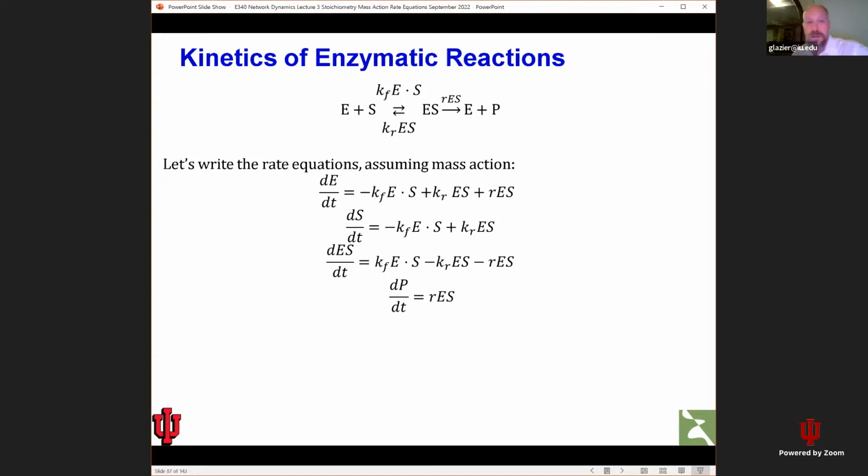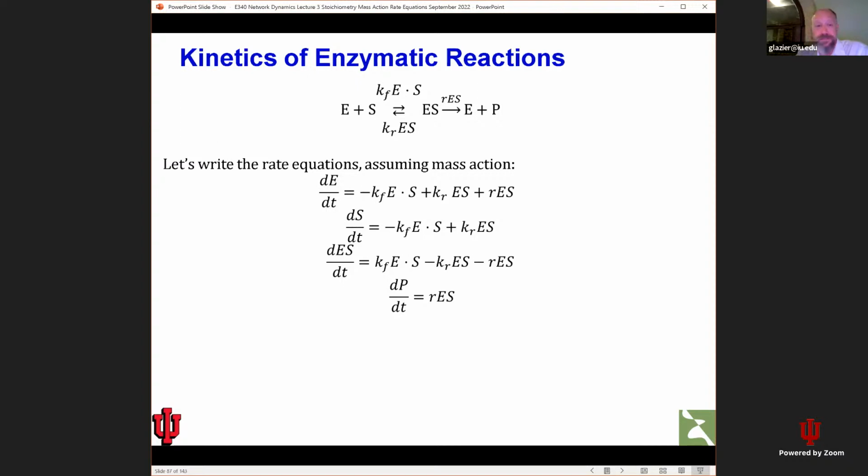So the forward rate is KF times the concentration of E times the concentration of S. The backward rate is KR times the amount of ES.